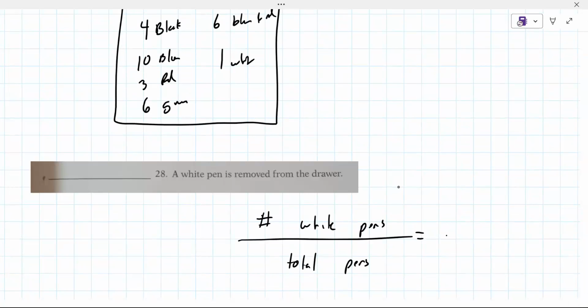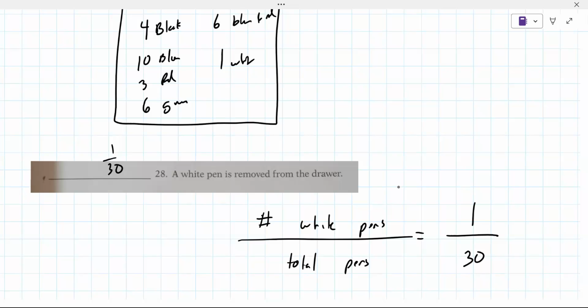How many white pens are there? There's one white pen. And how many total pens are there? 30. Yes, there's your answer.